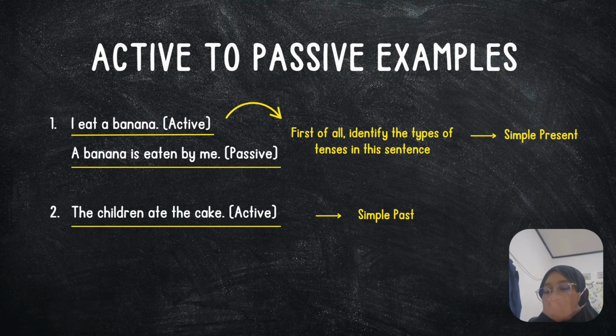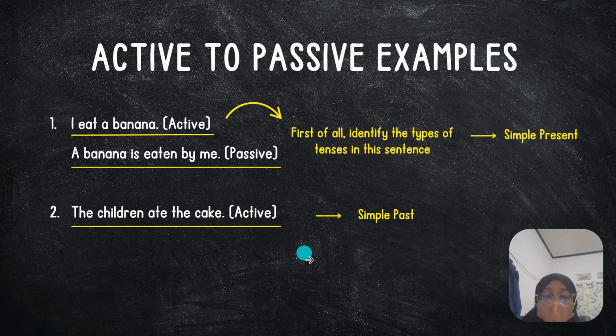So first of all, the object is the cake. You can move it first. It becomes the cake. What is the verb to be for simple past?